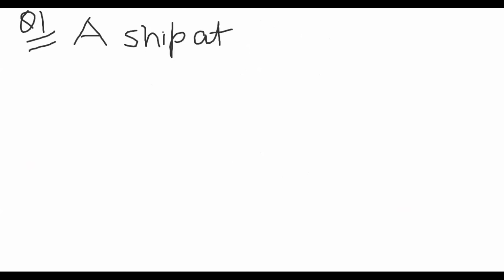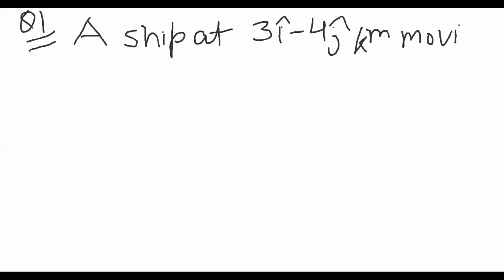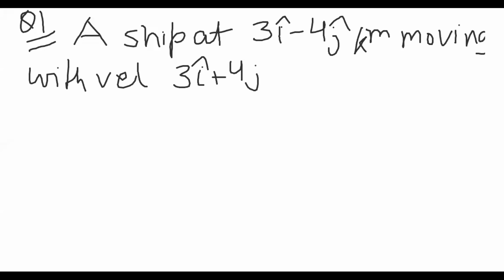So question number one is that we have a ship at position vector 3i cap minus 4j cap kilometers moving with velocity 3i cap plus 4j cap kilometers per hour.